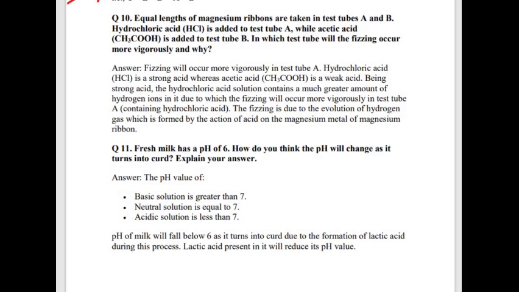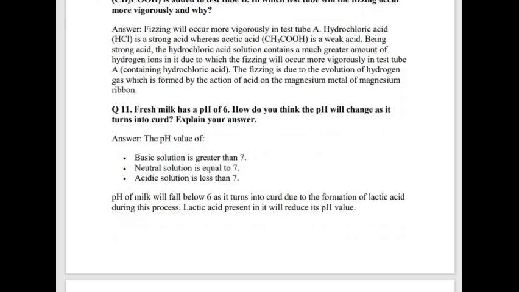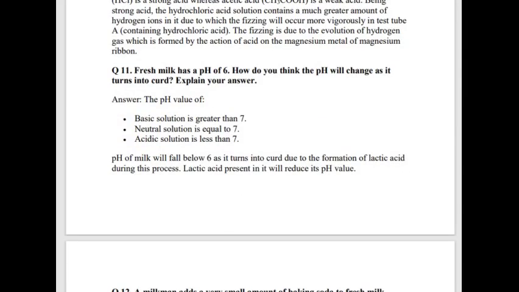Since we know that HCl is a strong acid and it will have a much higher concentration of hydrogen ions, the fizzing will occur more vigorously, since fizzing is due to the evolution of hydrogen gas, which is formed by the reaction of the acid on the magnesium ribbons, right?